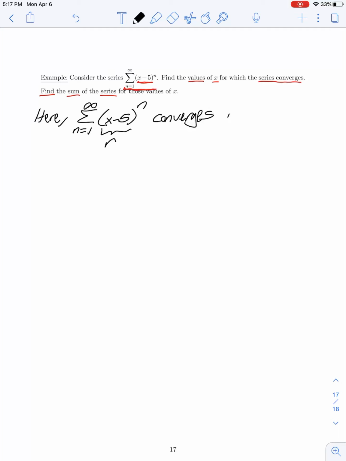we would need the absolute value of our ratio, that is the absolute value of r, to be less than 1.